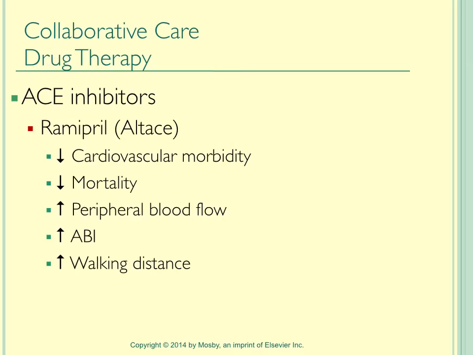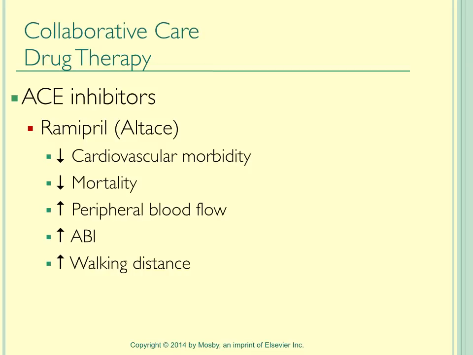Drug therapy: ACE inhibitors, which are angiotensin converting enzyme inhibitors. Angiotensin is a hormone and it is a vasoconstrictor. So the drugs known as ACE inhibitors stop the angiotensin activity of vasoconstriction, thereby lowering the blood pressure.